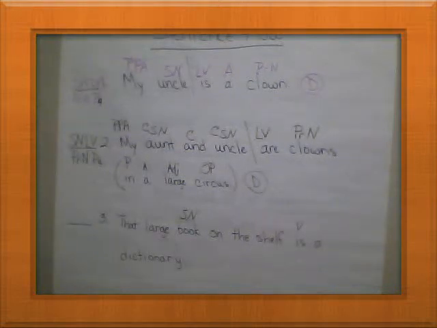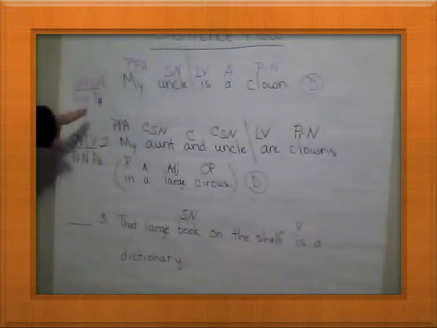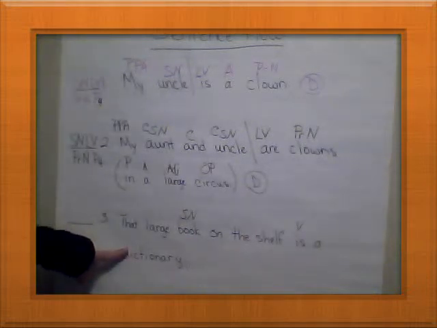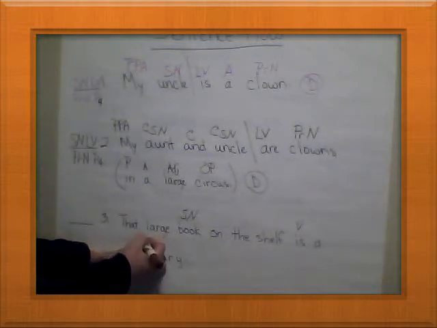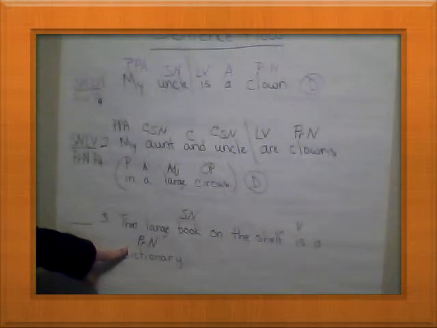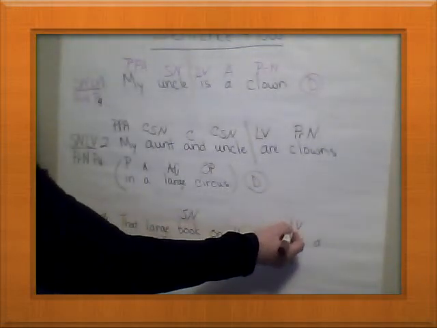Is, am, are, was, were, be, being, been. You will use them a lot when you're doing pattern 4. The book is what? Dictionary. Verify the noun. Does dictionary mean the same thing as a book? Yes. PRN. Go back to the verb and add L for linking.